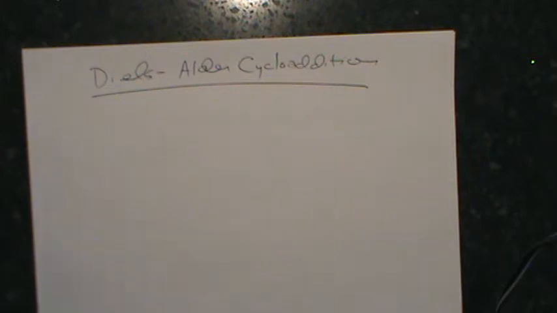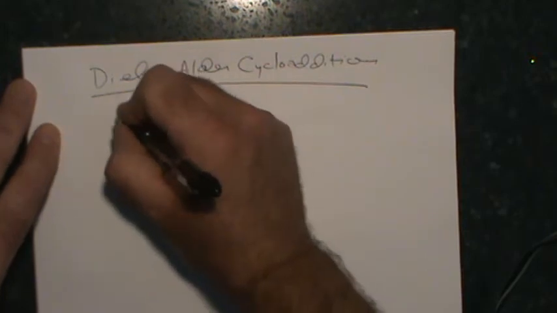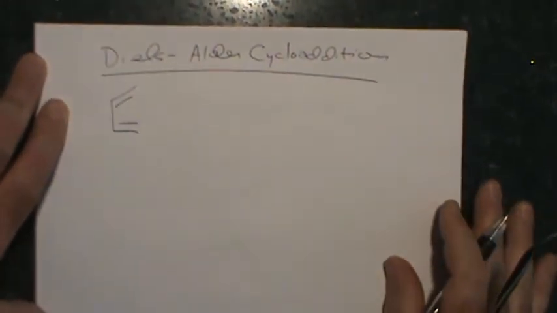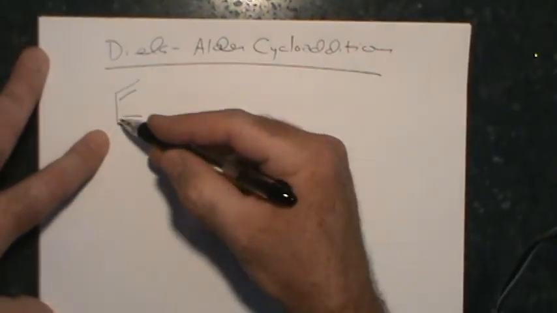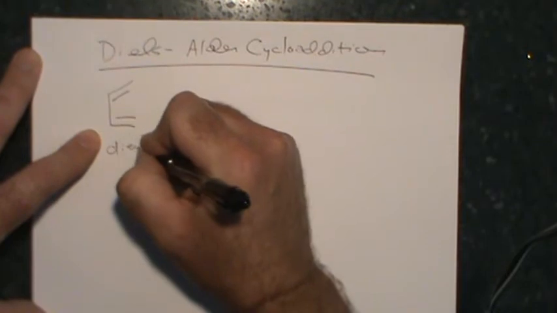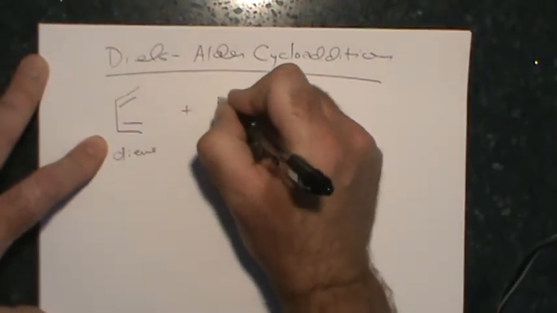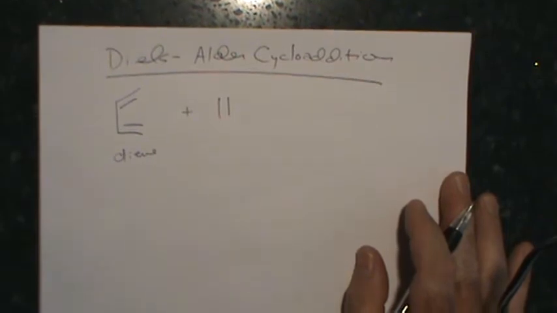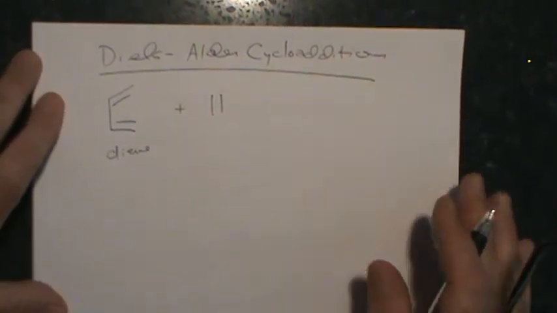Old as this reaction is, it's still one of the very most important reactions, and that's because it produces six-membered rings. So let's look at a Diels-Alder cycloaddition. A Diels-Alder cycloaddition is going to involve a diene, and look, it's a conjugated diene. And it's going to react with a molecule that is interested in the diene, like an alkene or an alkyne.